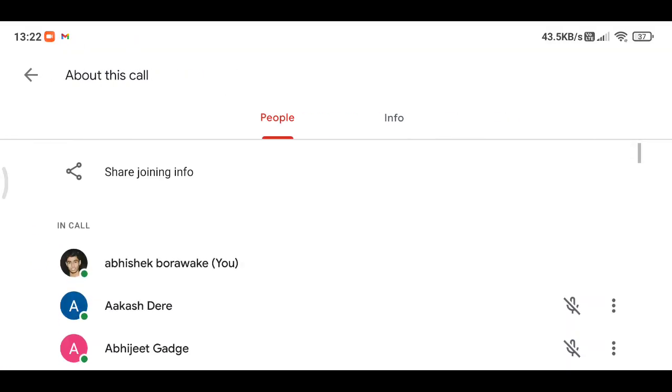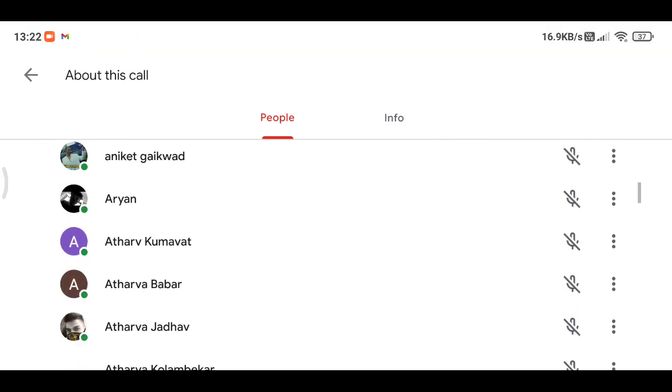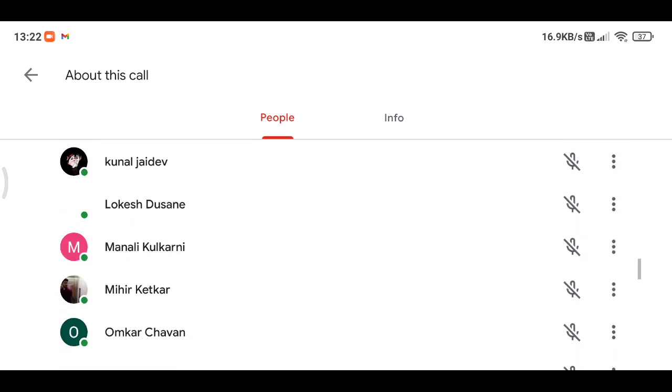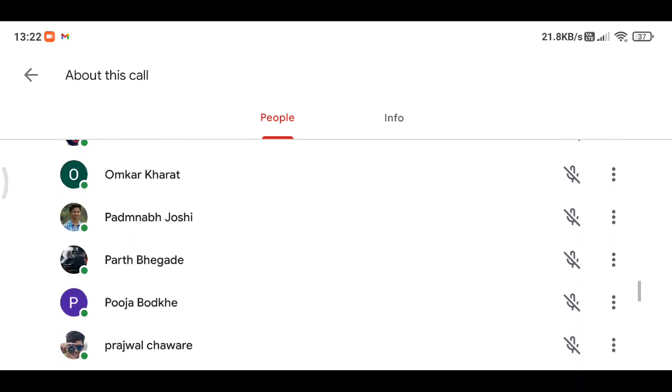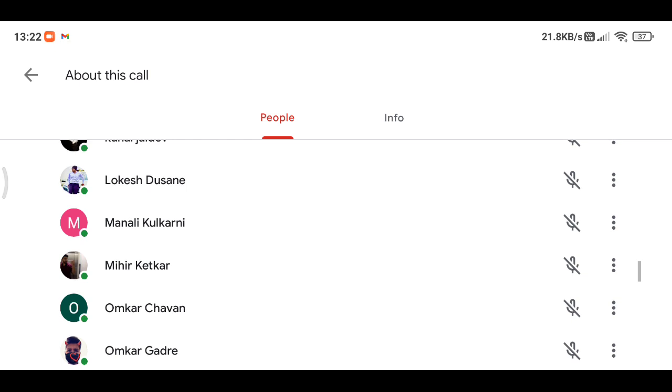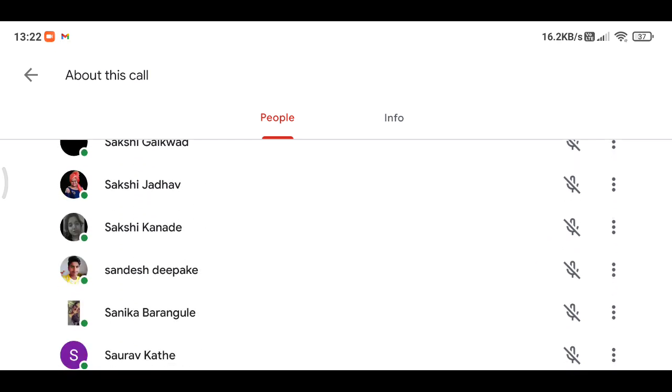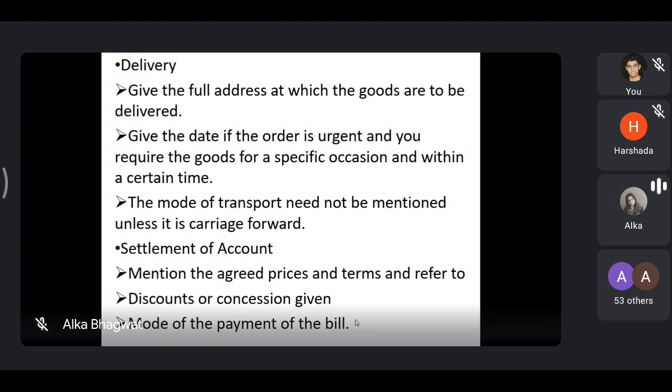Then after that is settlement of accounts. Mention the agreed prices and terms, refer to the discounts or concessions given, and of course mention the mode of payment of the bill. When you have already spoken to your supplier, most of the time the agreement is done during the negotiation only.